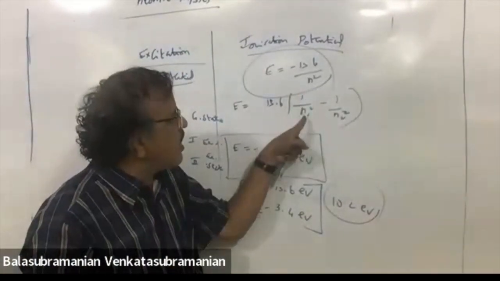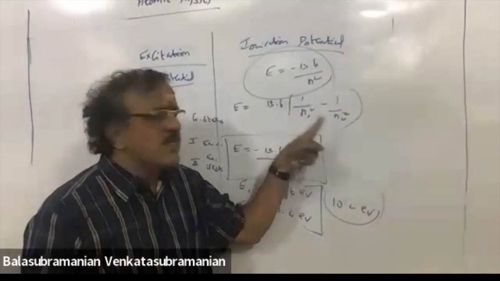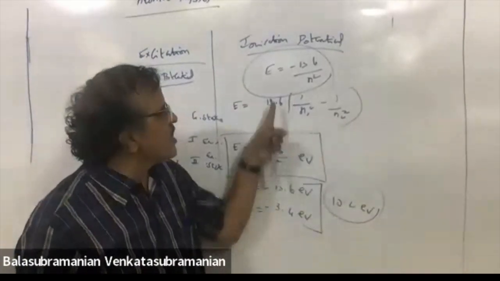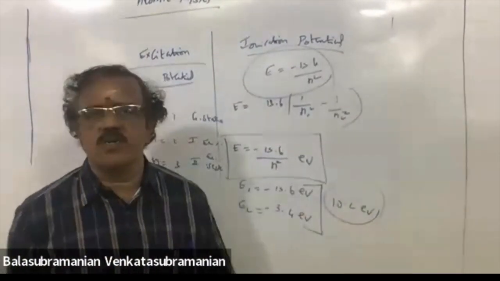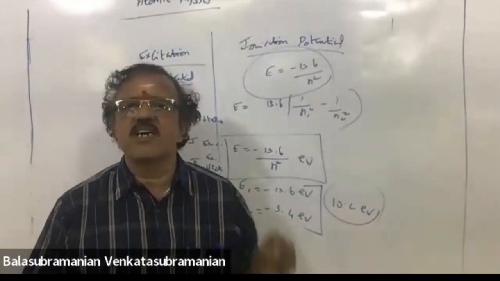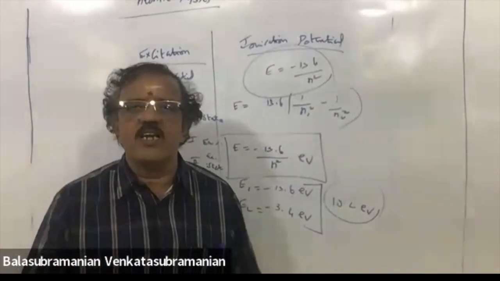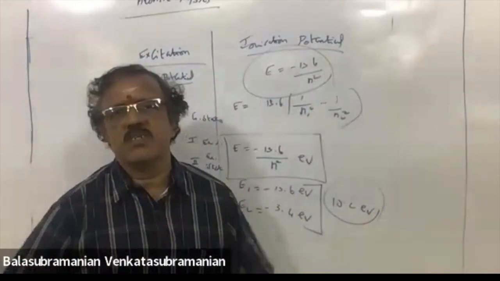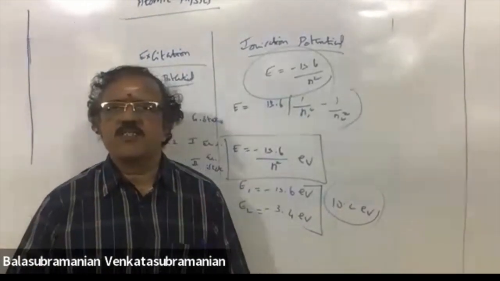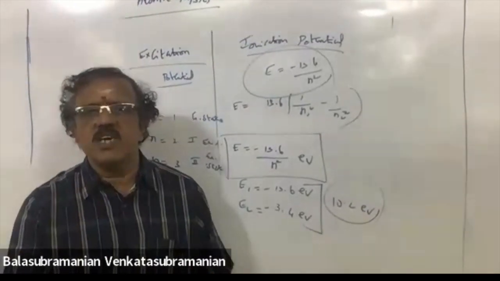N1 is equal to 1 and n2 is infinity, so 1 by infinity is 0. So 13.6 electron volt. Ionization energy is 13.6 electron volt, and ionization potential is 13.6 volt. This is excitation and ionization energy and potential.